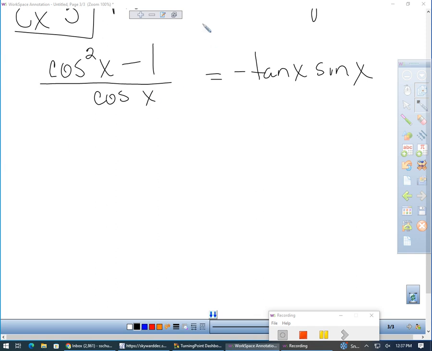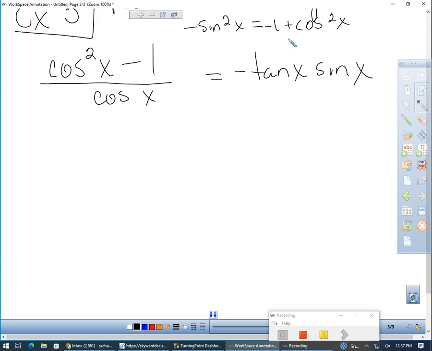Okay, so if I have sine squared equals 1 minus cosine squared, how can I change that? What can I do to that to match what I have up there? Multiply everything by a what? A negative, absolutely. If I multiply everything by a negative, I get negative sine squared x equals negative 1 plus cosine squared x.